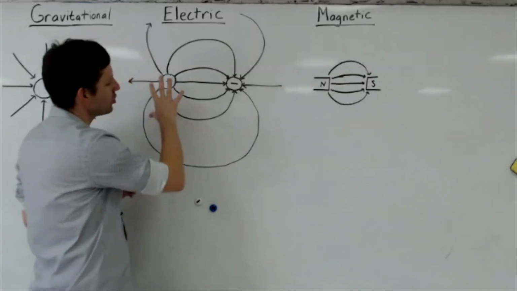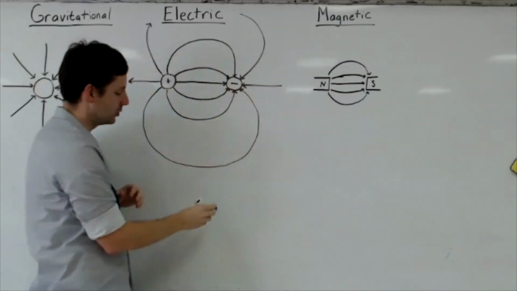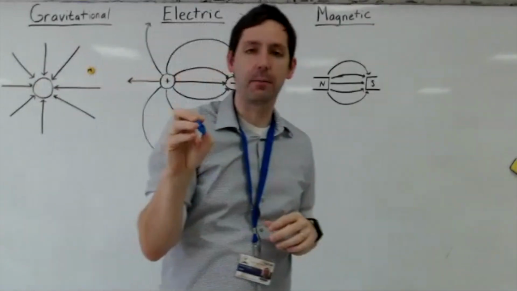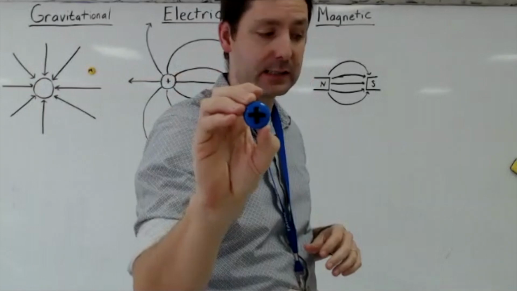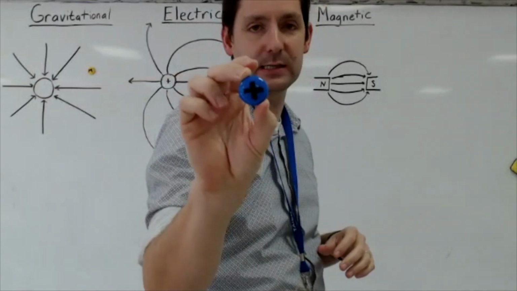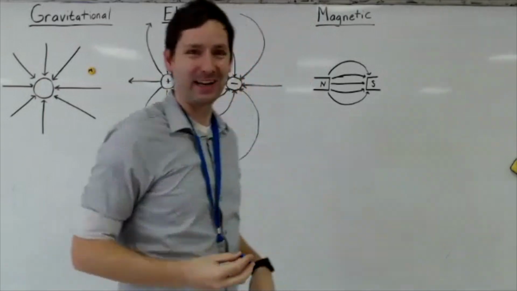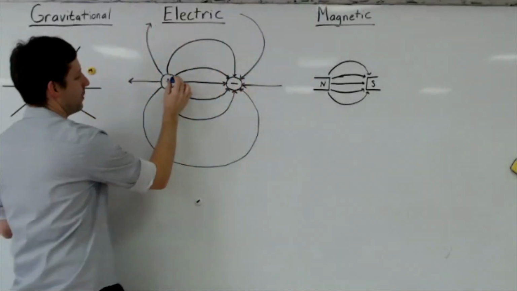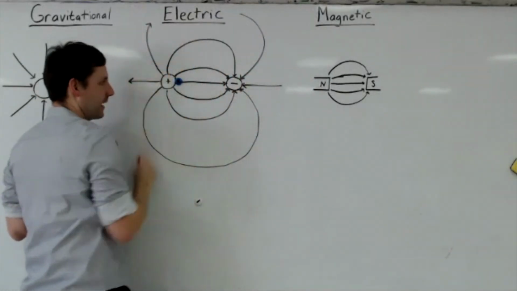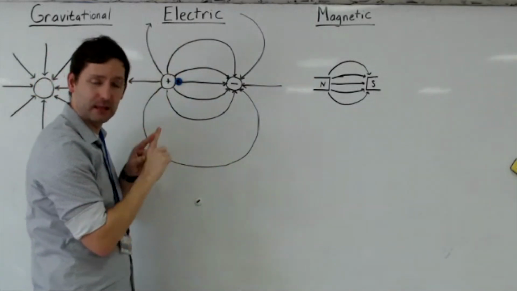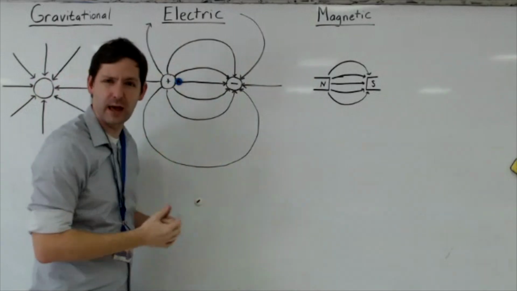When we draw field lines for an electric field, it always tells us what's going to happen to a positive charge. And so I've got a positive charge here. We know it's positive because it's got a plus on it. It's also blue, and blue is a positive kind of color. So we go ahead and put that positive here. If I put it here, we know that opposites attract and that likes repel. Hopefully you've learned that at a previous time.